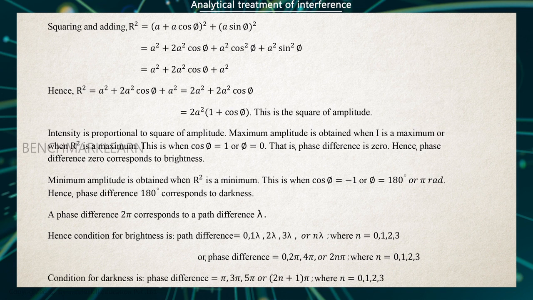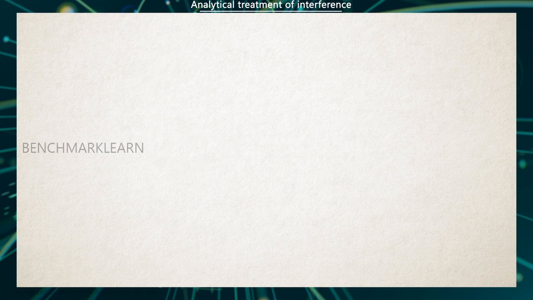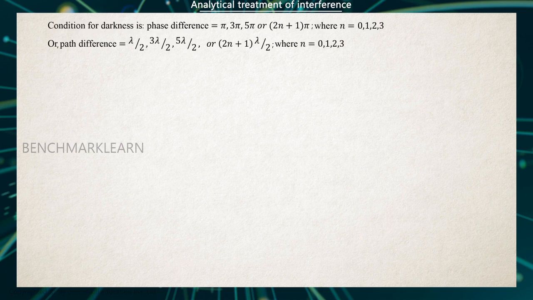Condition for darkness is phase difference equal to pi, 3 pi, 5 pi or (2n plus 1) into pi, or path difference equal to lambda by 2, 3 lambda by 2, 5 lambda by 2 or (2n plus 1) into lambda by 2, where n is equal to 0, 1, 2, 3.